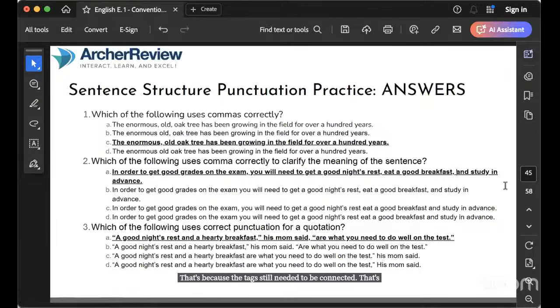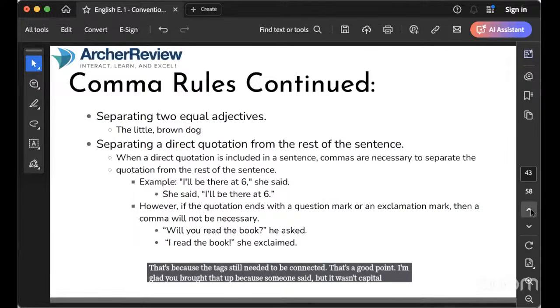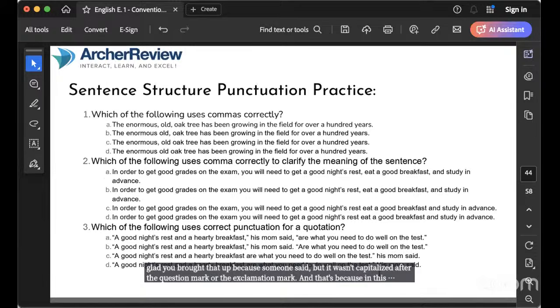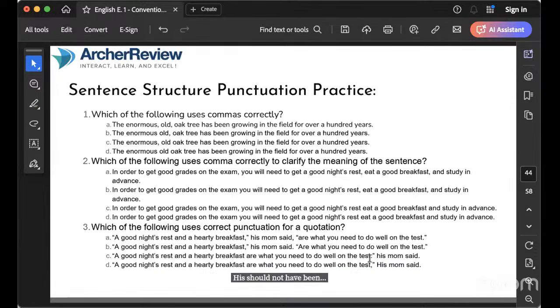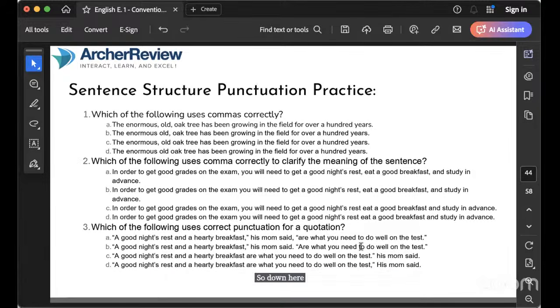I'm glad you brought that up, because someone said, but it wasn't capitalized after the question mark or the exclamation mark. And that's because in this sentence, there should not have been a period there, because his should not be capitalized, because the tag needs to be connected to the sentence. So it shouldn't be capitalized. So down here, that shouldn't be capitalized, but it also shouldn't be a period. It needs to be a comma.